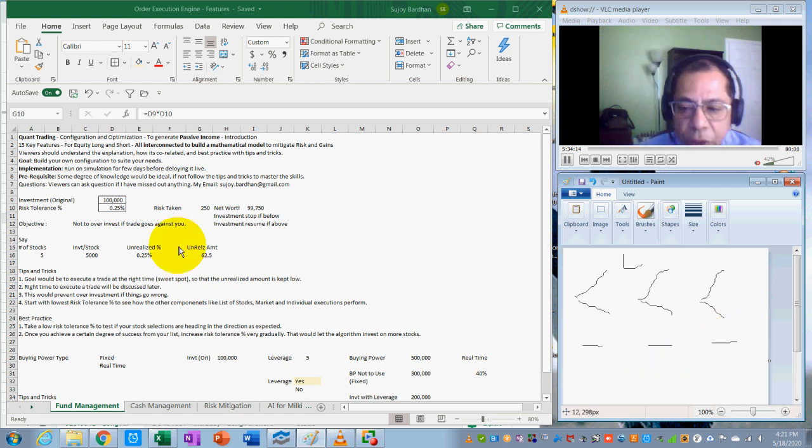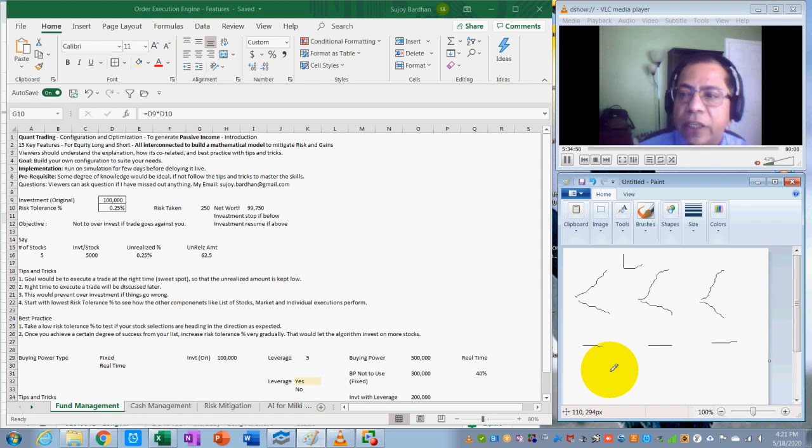Now what you're doing here essentially with this 0.25% is, as your unrealized loss from all the three stocks heads towards 0.25% of your total portfolio, you don't want to do any more investment.